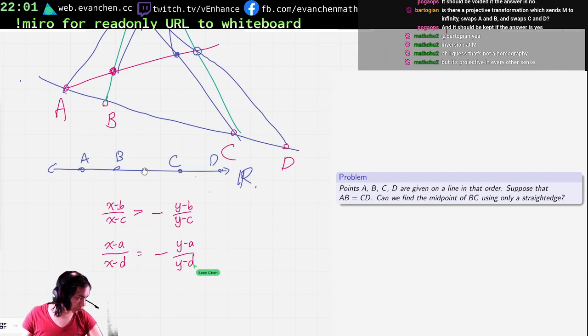Okay, that's what we're trying to do. It sends m to infinity, swaps a and b, swaps c and d.